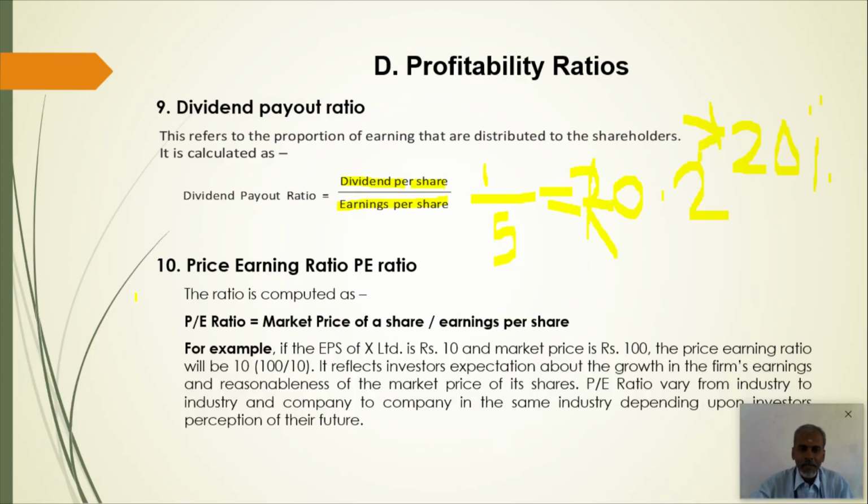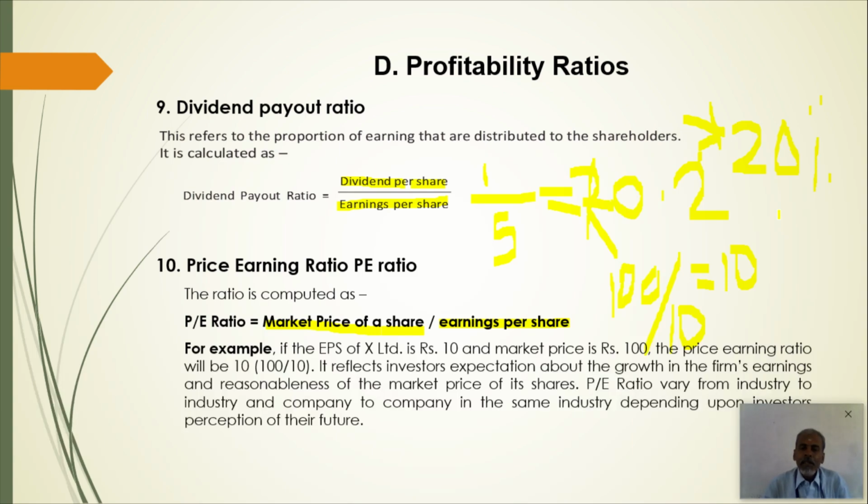So this is a wonderful ratio wherein you have market price per share divided by earning per share. Right? So if your market price is rupees 100 and your earning per share is 10, that gives you a PE of 10, a price earning of 10.